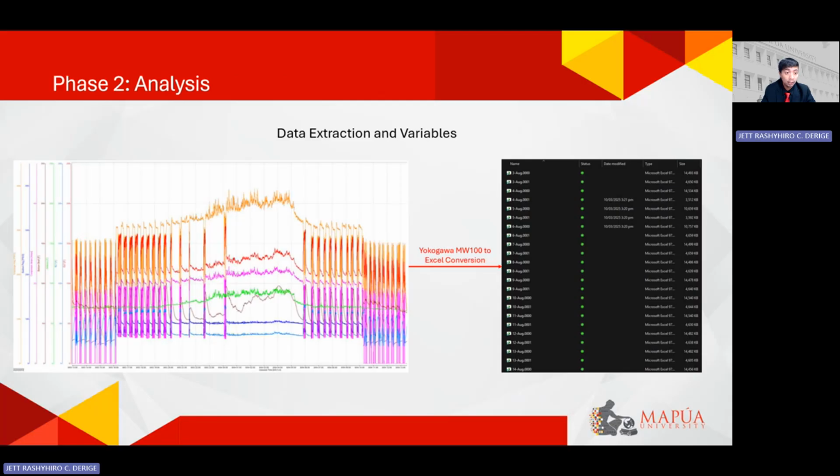And for the analysis, based from the data logger that was logged from the probes in the store, from the Yokogawa MWM100, the data analyzer that we have used, we would be exporting the data into our computers, and then that would be converted into Excel format.